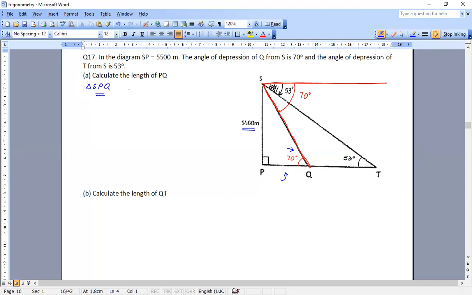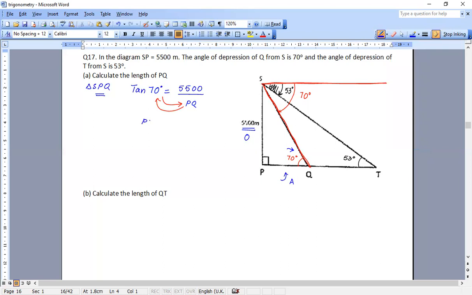So we are going to use trigonometric ratios to find the value of PQ. I have the opposite, I have the adjacent, so I am going to use tangent theta. Tangent 70 is equal to opposite upon adjacent. Opposite is 5500 meters divided by adjacent. Adjacent is PQ. To find the value of PQ, as my variable is in the denominator, I'll switch the places.